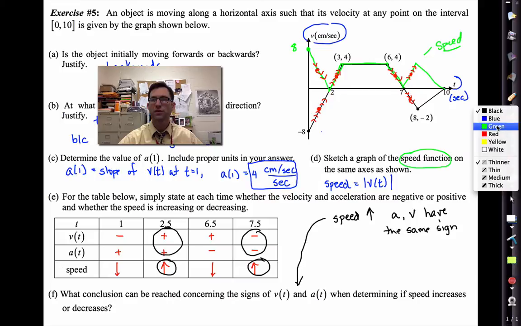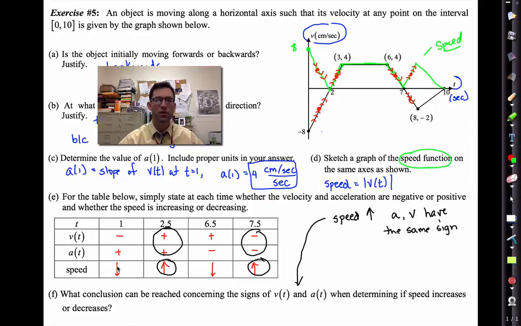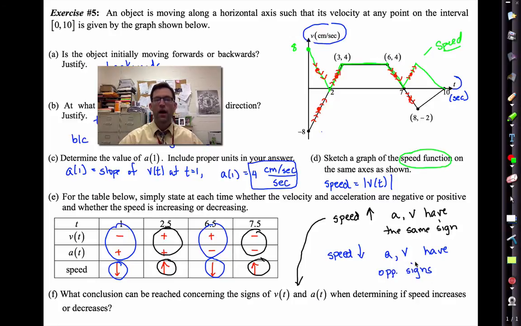And of course, we can also point out, now let's go blue, that here we've got the decreasing and different sign. So speed will decrease when A and V have opposite signs.